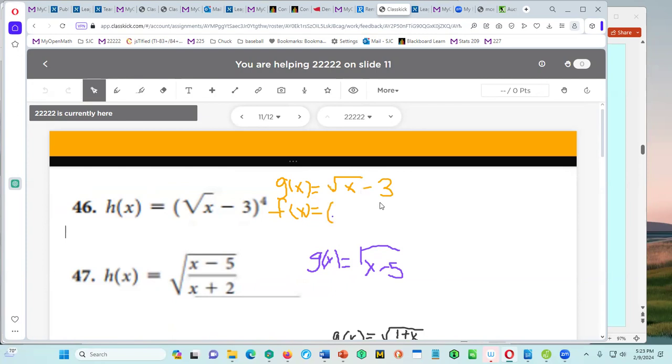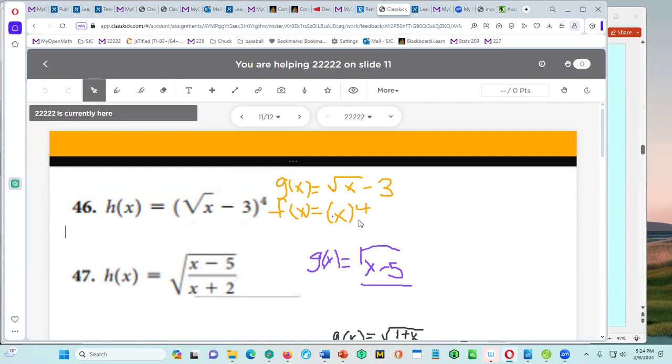Number 47, Alyssa, what is something that's inside something else? Would it be x minus 5 over x over 2? That is what I would use.